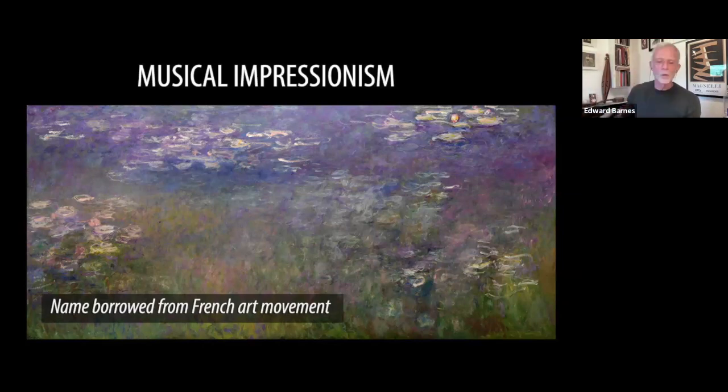There's a picture of Monet's water lilies there, and I think we all know stylistically what it looks like, with the blurred edges to everything. And they merely named the music after this. The people who were creating the music did not call their music impressionistic, but we use this to describe it now, and it does have particular qualities.